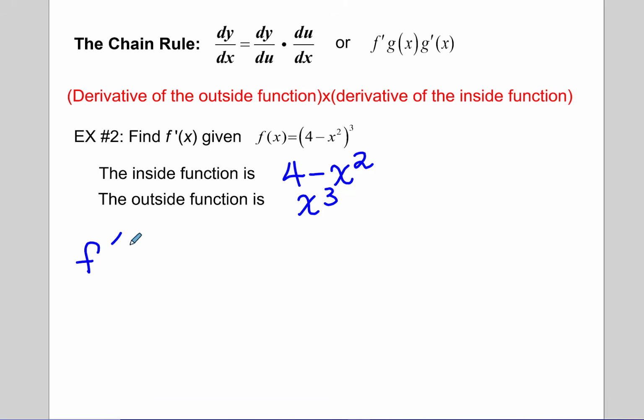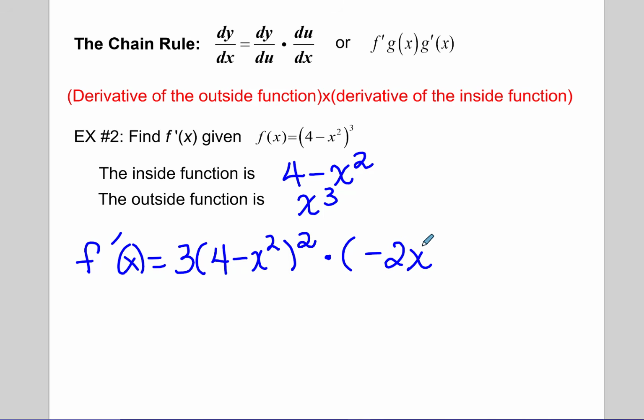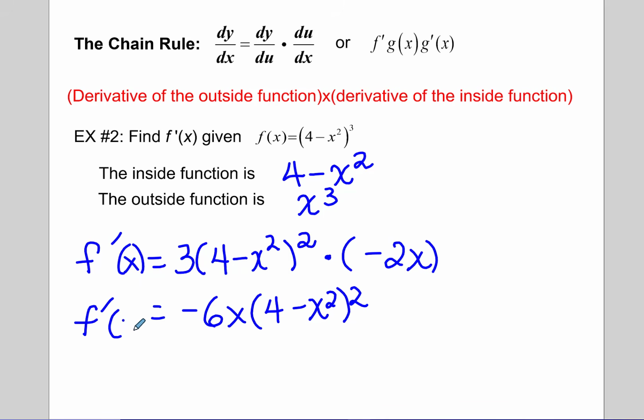So the derivative of the outside function is 3 times the inside function quantity squared, or 3u squared, and my u is 4 minus x squared, and then the derivative of this inside piece is going to be negative 2x. So just combining the two factors and leaving that inside binomial squared is a great place to stop.